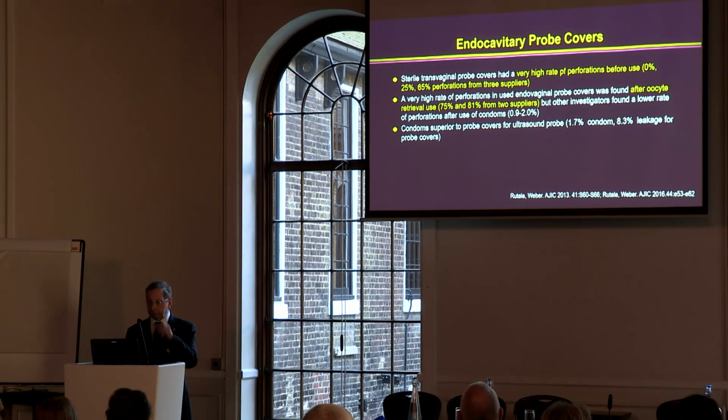Sterile probe covers have a very high rate of perforation before use, 65% in one sample, and very high rates of perforation after use. There are studies after oocyte retrieval use, for instance, 75 to 81%. Others have found lower failures, but still, 1 to 2% is a significant rate of failures, and condoms are superior to probe covers.